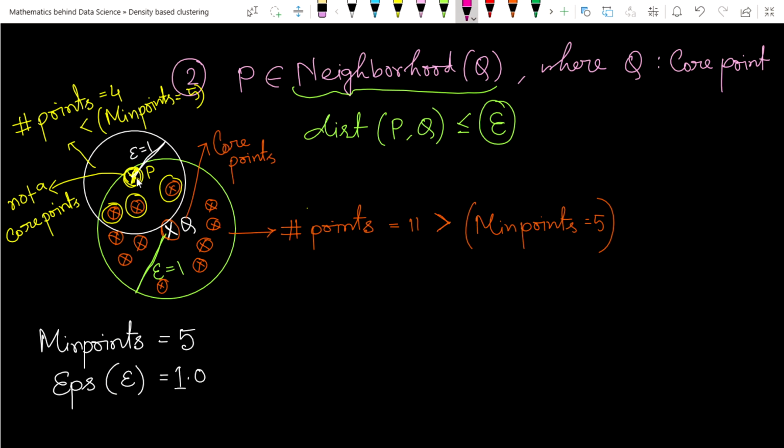Here, from here to here is the epsilon distance, but the distance between P and Q, which I am showing in pink color, is obviously less than epsilon.